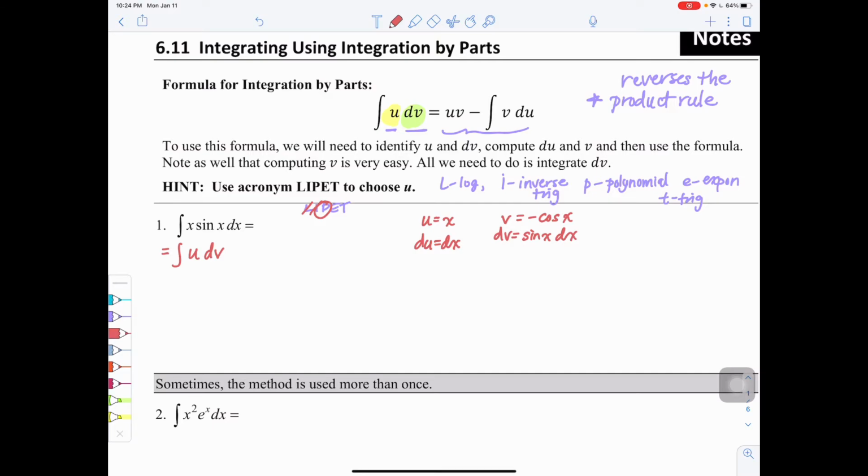So let's go. The formula that we have above here is the integral of u dv is equal to uv, which is x multiplied by negative cosine x, minus the integral of v du, which is negative cosine x dx.